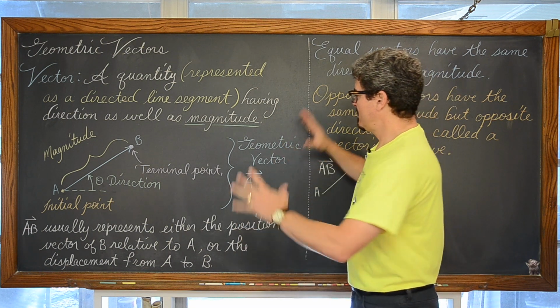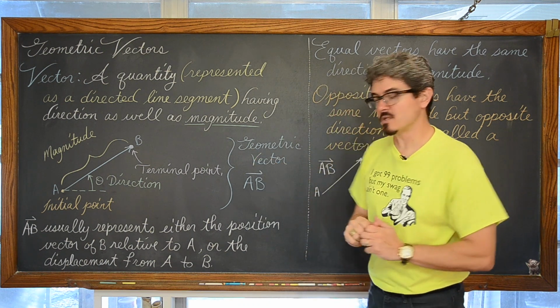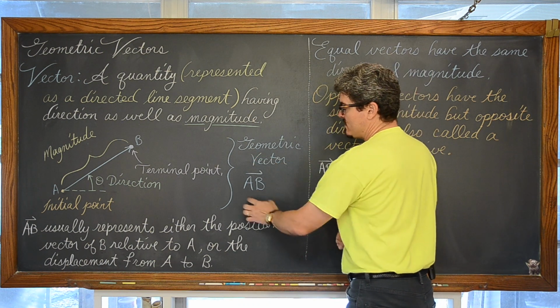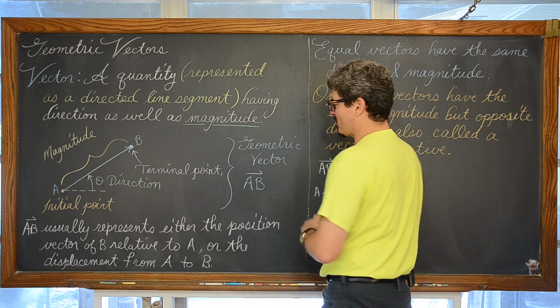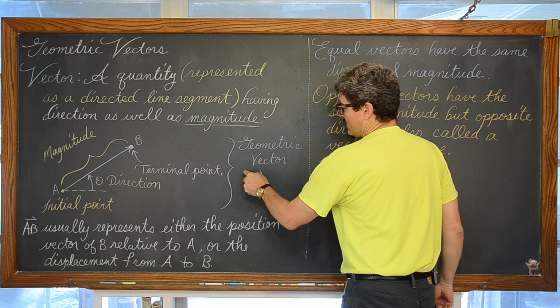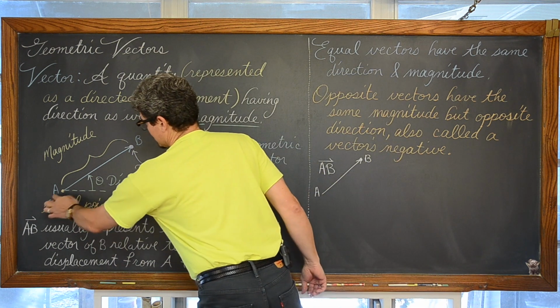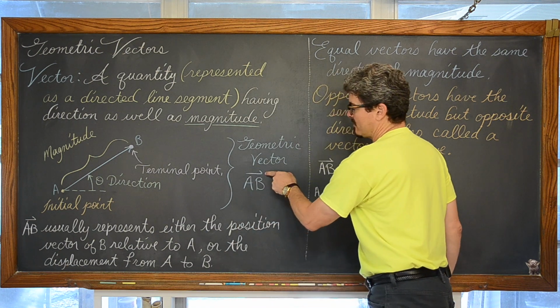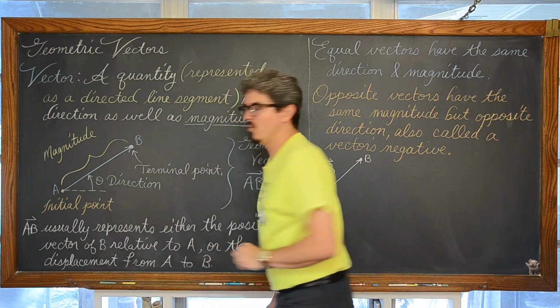Now all these parts make up this geometric representation of a vector, and when you write out your notation with AB and a little arrow above it, similar to a ray in simple geometry, our arrow is going to start where the initial point is, and the point of that arrow is going to end above the terminal point.